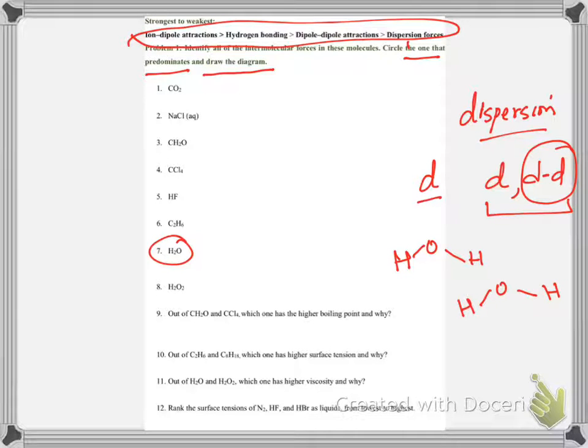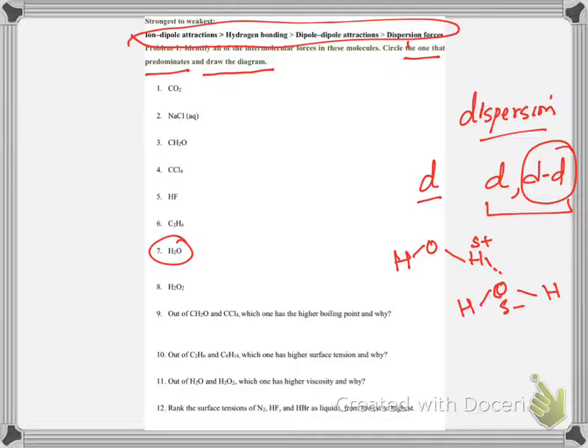So in water, of course dispersion is there, of course dipole-dipole is there, but the hydrogen bonding is the strongest one. So you have to show the hydrogen bonding, and that will be this: hydrogen bond donor and a hydrogen bond acceptor, because this is negative, this is positive. So this is the diagram.